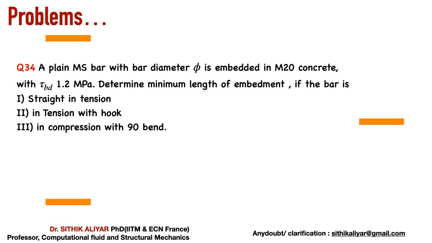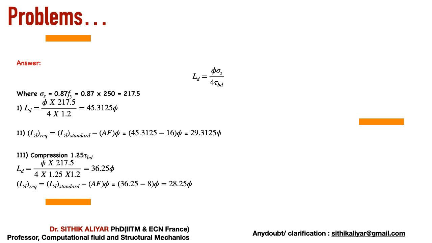For an MS bar in tension, the factor is 1, so you will use the tau BD value directly as 1.2. So the formula is phi into 217.5 divided by 4 into 1.2. It is coming around 45 times the diameter of the bar. So the development length you should provide is 45 times the diameter of the bar. If your diameter of the bar is 10 mm, it is 450 mm you should provide as a development length. So that's your first question answer.